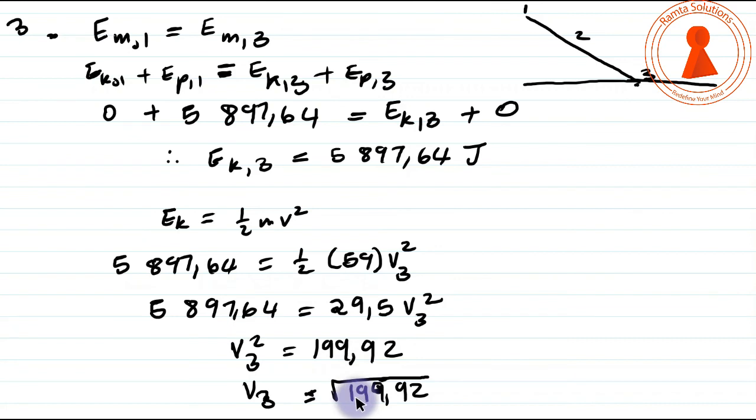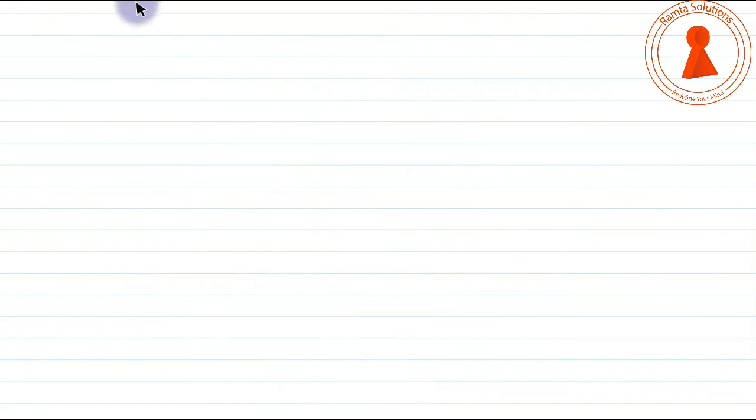So now we want the square root of this 199.92. v3 is 14.14 meters per second. So this is the velocity at the bottom of the ramp.